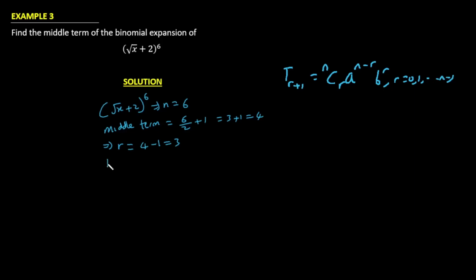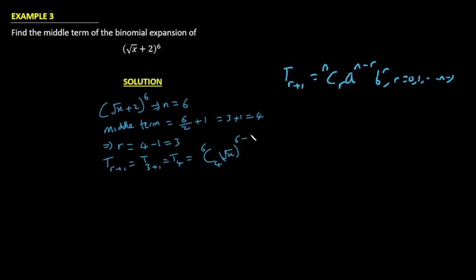Therefore, T r plus 1 is now going to be T of 3 plus 1, which is T4. Substituting in the formula, our n is 6. So we're going to have 6 combination 3. Our a here is root x, that is root of x to the power of 6 minus 3.